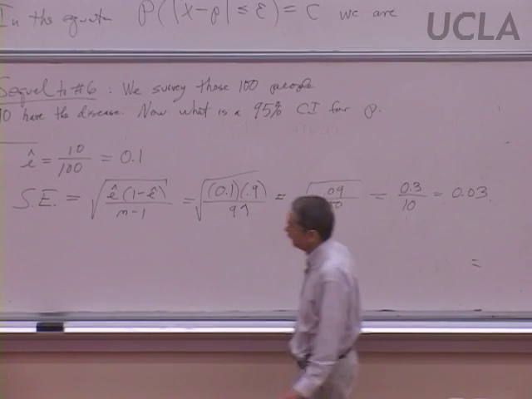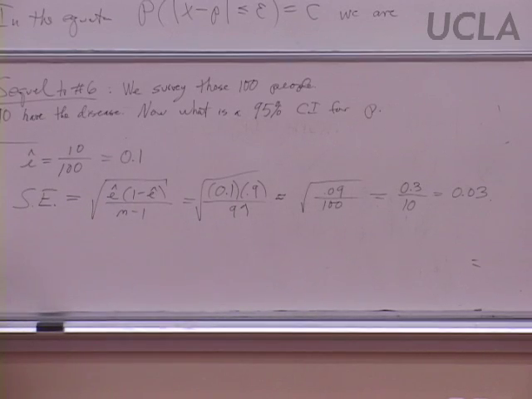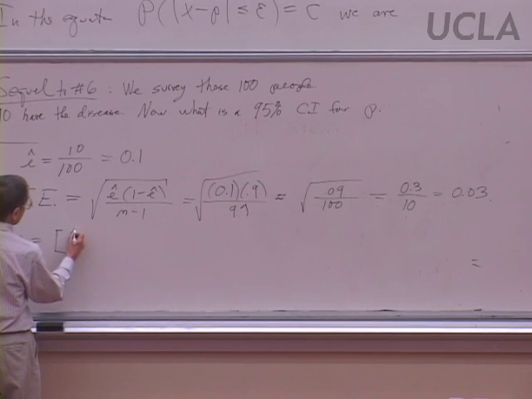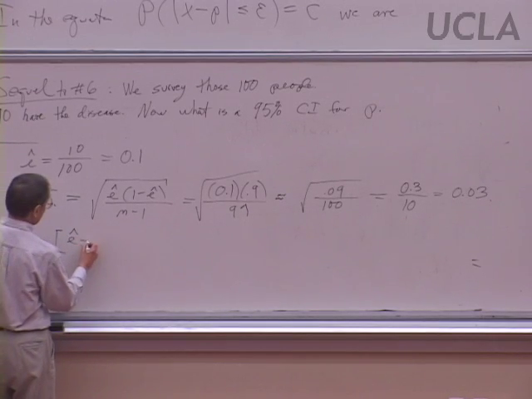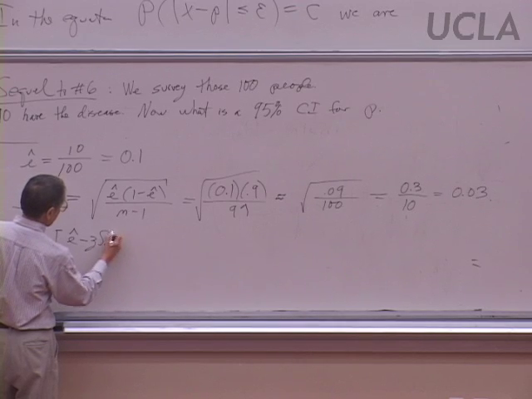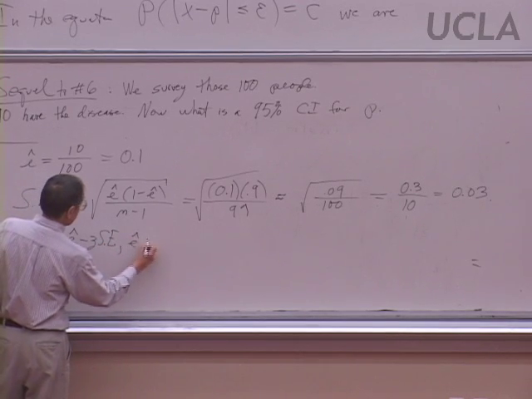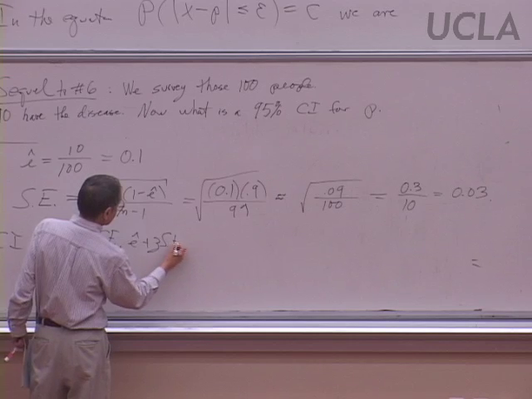We have the same z value, of course, because it's still 95%. So we want to take the interval from e hat minus z standard errors to e hat plus z standard errors.